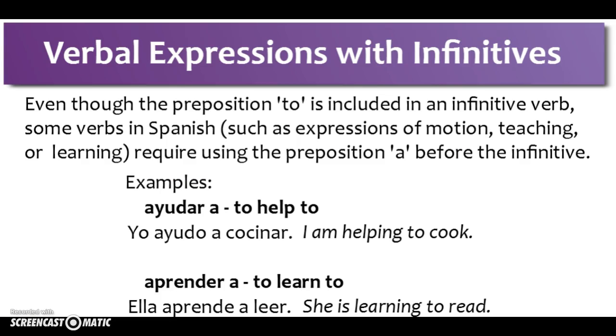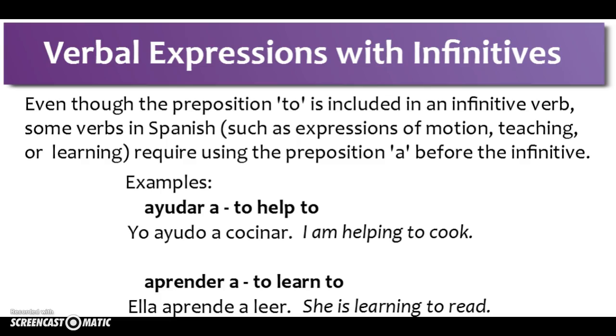When we use the verb ir, sometimes it's a standalone verb, and sometimes it's used as part of a verbal expression with other infinitives. It's not the only one. There are other combinations that we can use. We're going to look at a few of them in this lesson. When we have these verbal expressions, we also need to add the Spanish preposition a, meaning at or to, before the infinitive that comes after our conjugated verb.